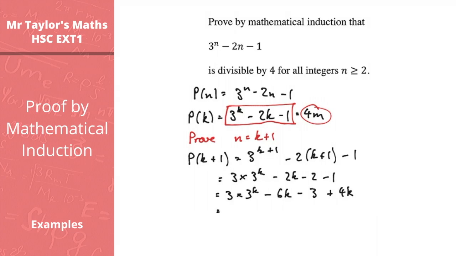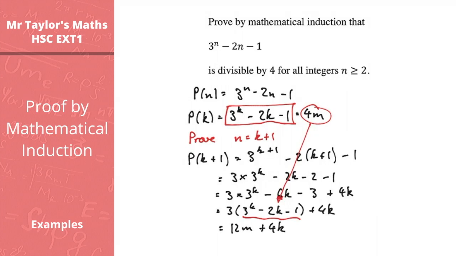Now I can take out that factor of 3, plus 4k. And then now I can make this substitution because this here I said was 4m. So this becomes 12m plus 4k.